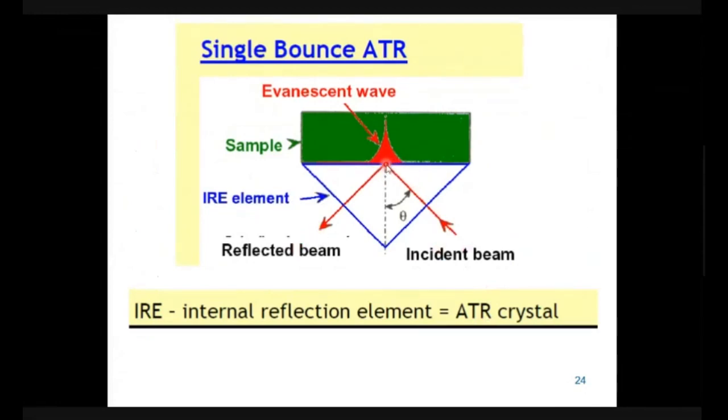At the point of impact, if you draw a normal, you will get theta as the angle of incidence. At the point of impact, the IR radiation slightly penetrates into the sample. The extent to which it penetrates into the sample generates an evanescent wave.